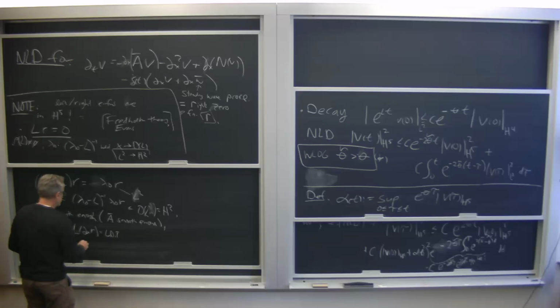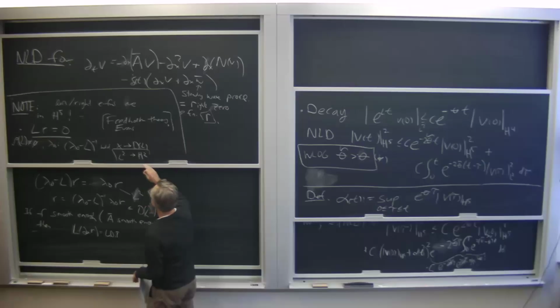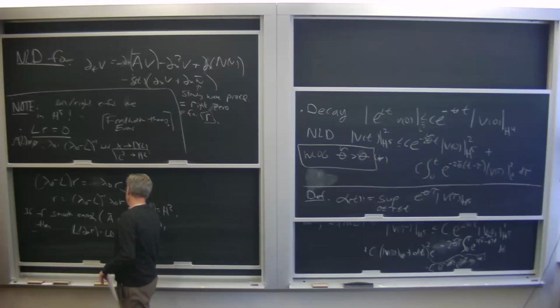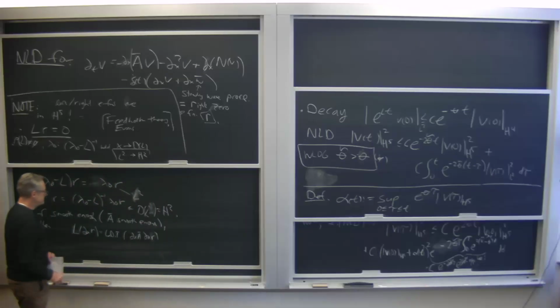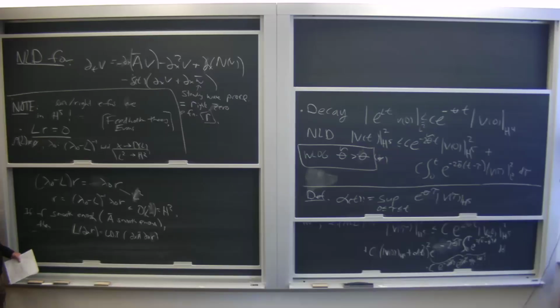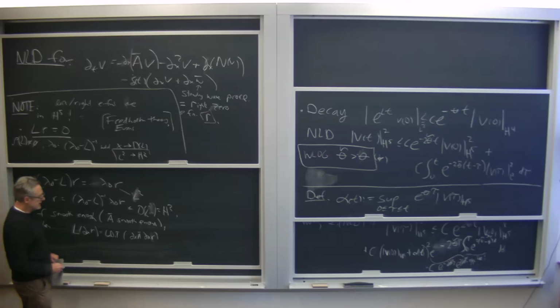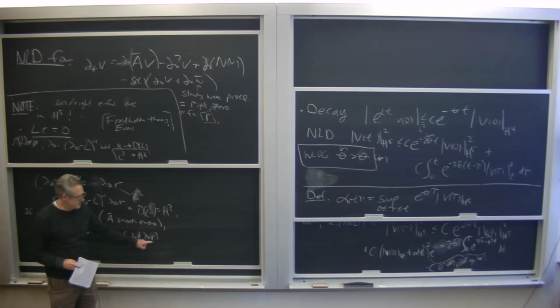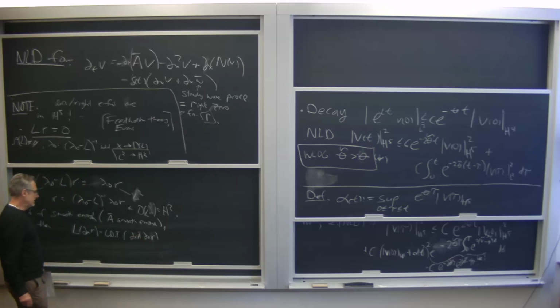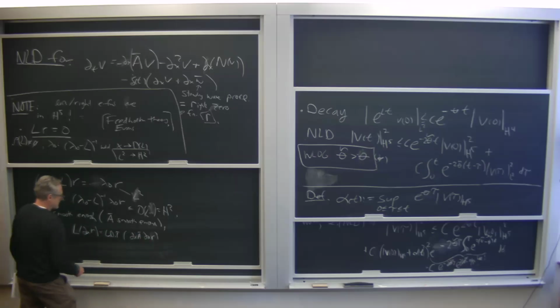Terms of order, well, let's see what they are. dx A bar, dx R. Okay, and so this is fine. We've already shown that R is in H2, so this is H1. This is just assumed smooth as could be. So we're in L2 for sure.